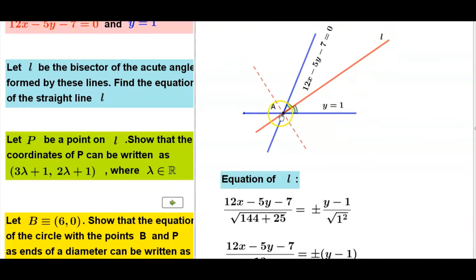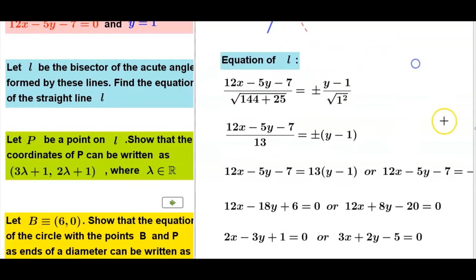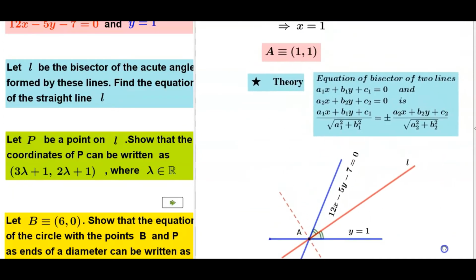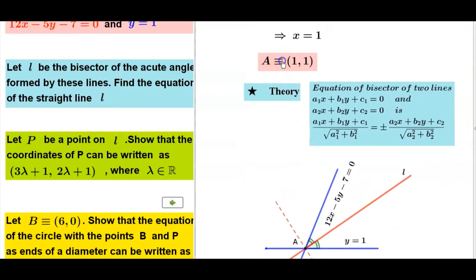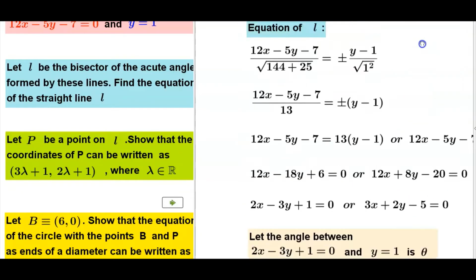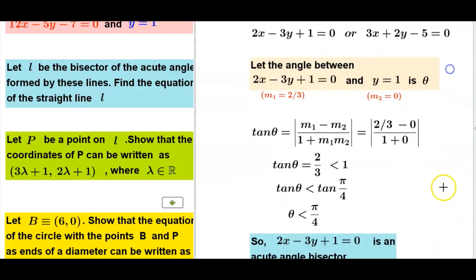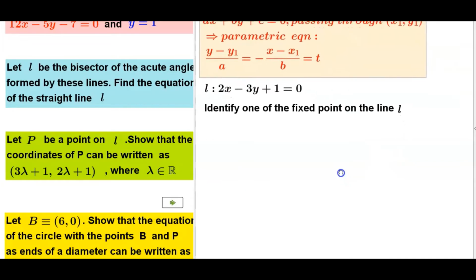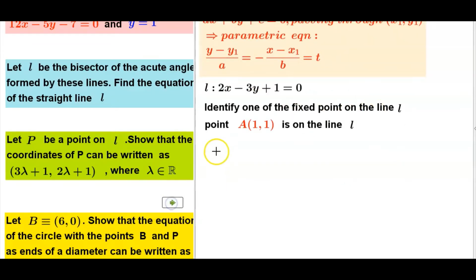Here A is one of the fixed points on line L. The coordinate of A is (1, 1), so A (1, 1) is one of the points on the line.